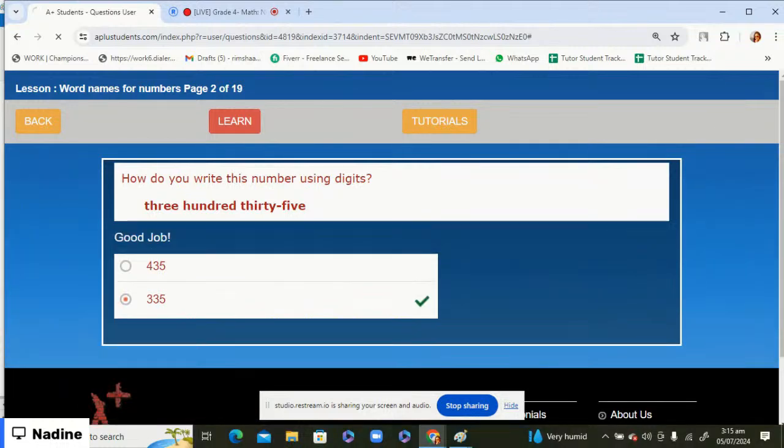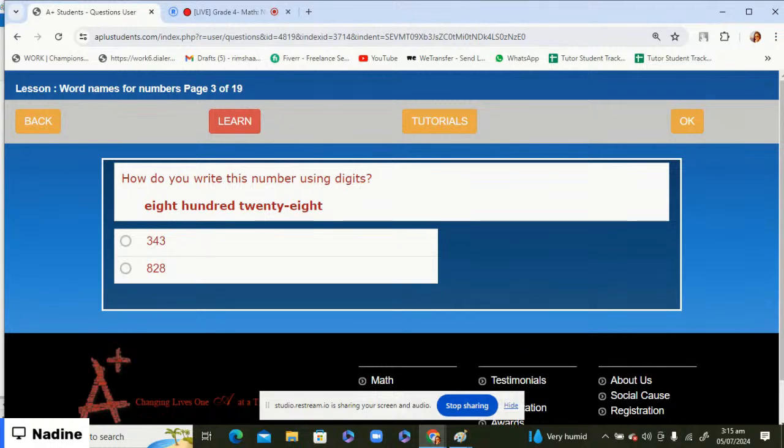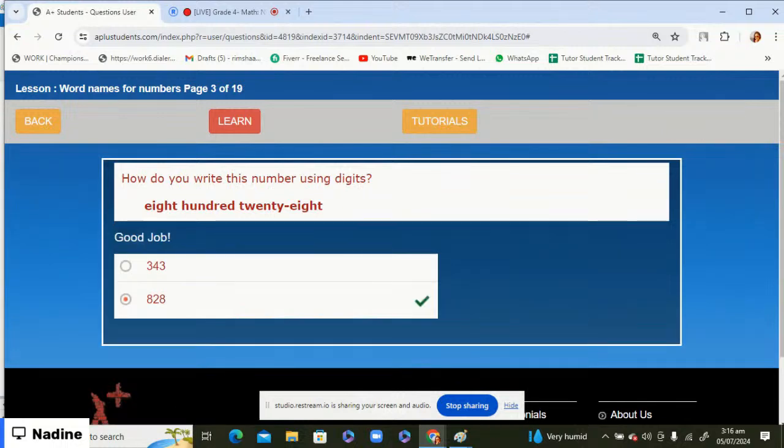Okay, now tell me this one. Next. How do you write this number using digits? 828. Option A or option B? So tell me everyone, option 2, that is 828.